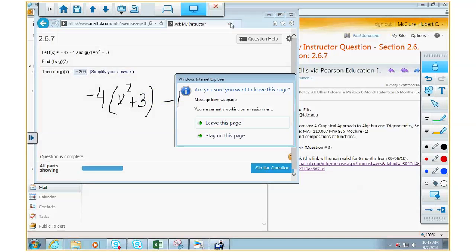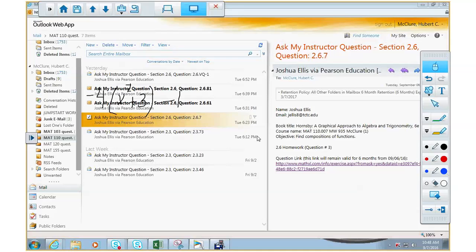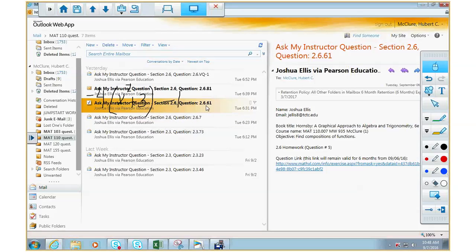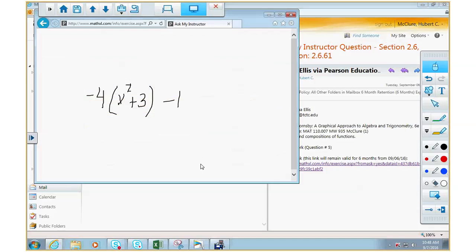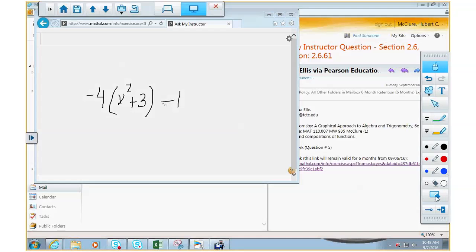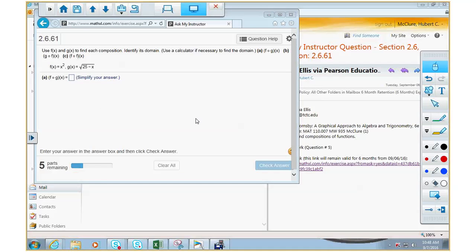And the last one, since today is question day, got 2 more. 2.661/5. Use f of x and g of x to find the composition, identity, and so on. They want you to do A, B, C, and D. This is a good test question.